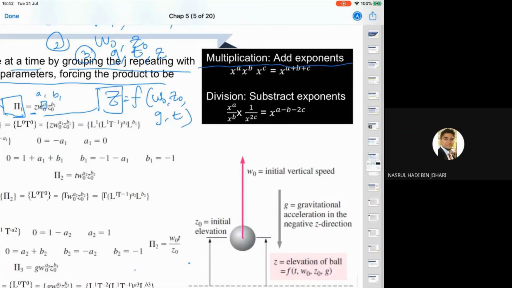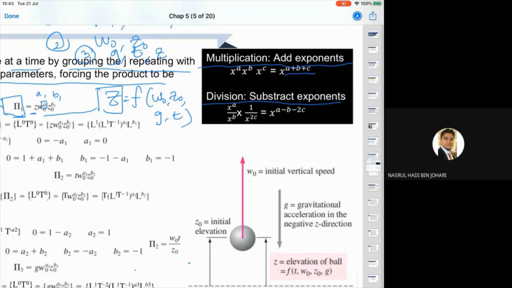So remember, in exponent analysis, mathematically, whenever we multiply a variable with an exponent by another variable with an exponent, and the variables are the same, the exponents add: plus A plus B plus C, right? The same goes for division.